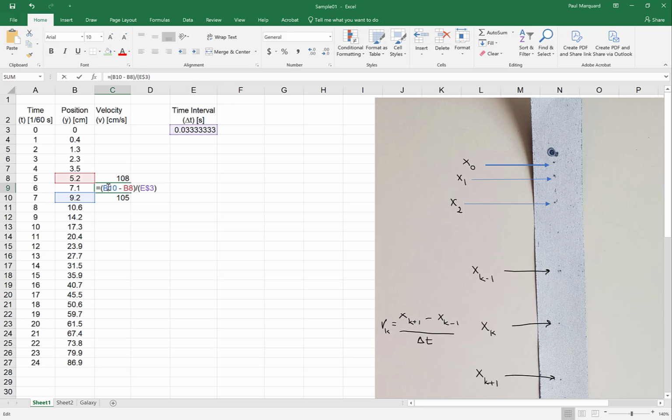So if I don't want it to change left or right as well as up and down, I put the $ sign in front of the E as well. And now when I hit Control C to copy and Control V to paste, I get the same result. The E3 remains E3. Notice the B at the numerator became C, but the E does not change because of that fixed reference.